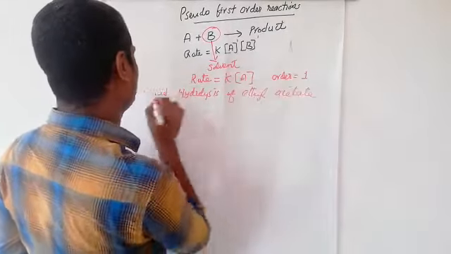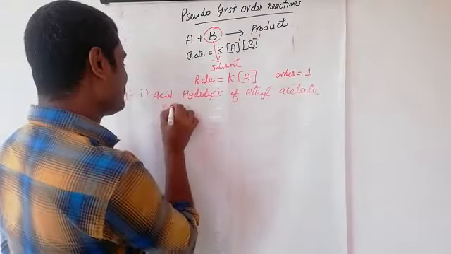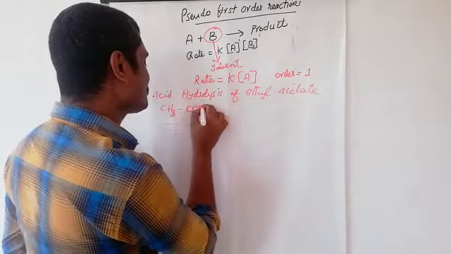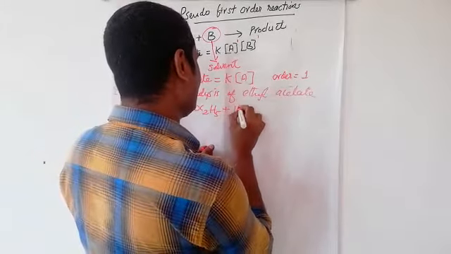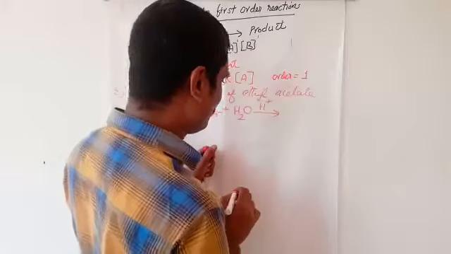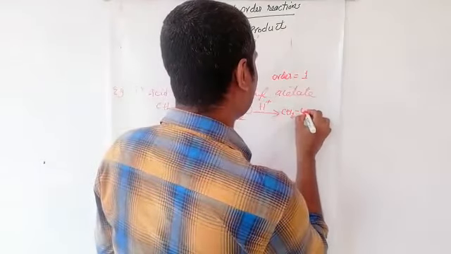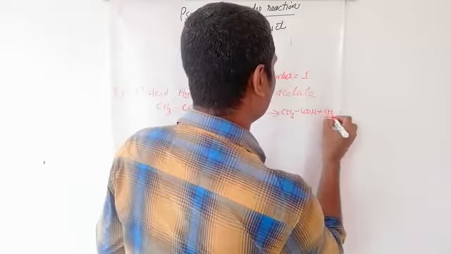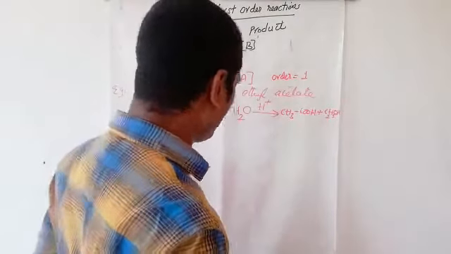Example number 1: CH3COOC2H5, ethyl acetate, undergoes hydrolysis in the presence of a large excess of water. The reaction takes place in the presence of acid H+ and forms CH3COOH plus C2H5OH, acetic acid and ethanol.